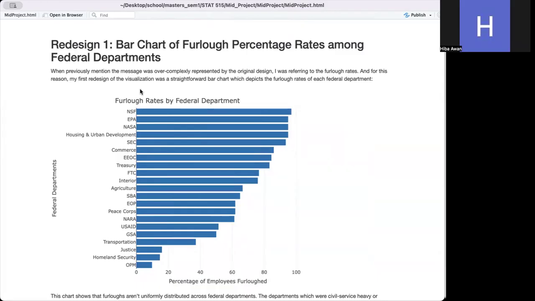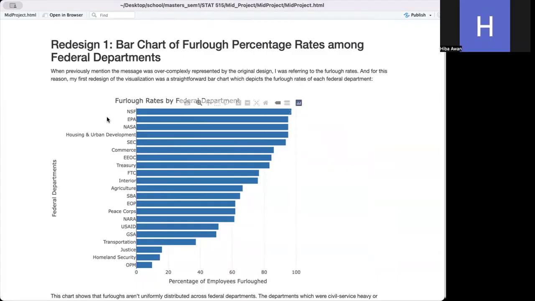As you can see, departments like the National Science Foundation, the Environmental Protection Agency and NASA have very, very high rates. And I decided to order them from highest to lowest just for ease of reading and viewing.